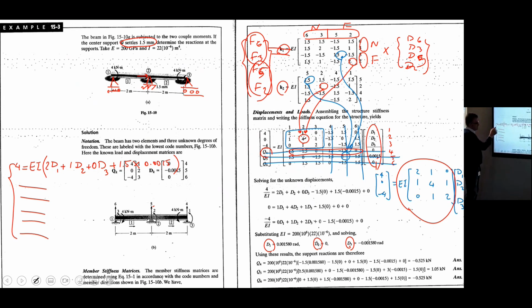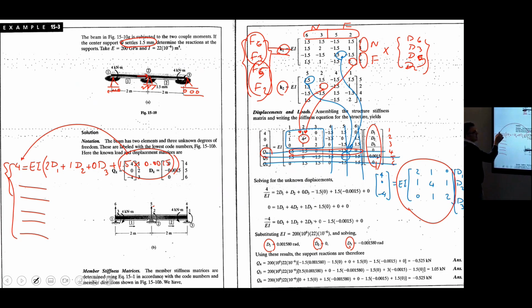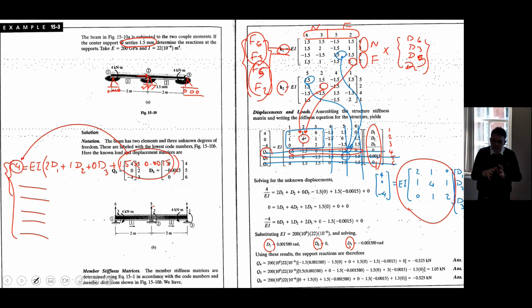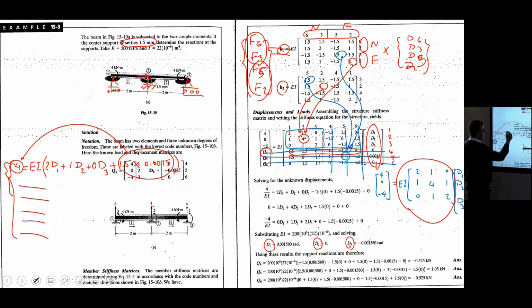For the first three, this term can go to the left-hand side and combine with external forces and produce something else, okay? Again, for the second one, it goes back.